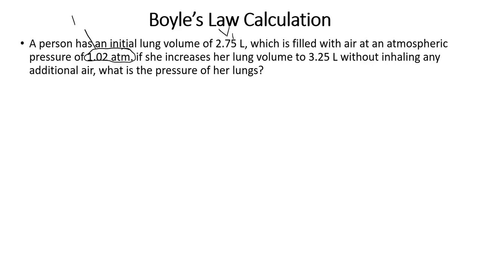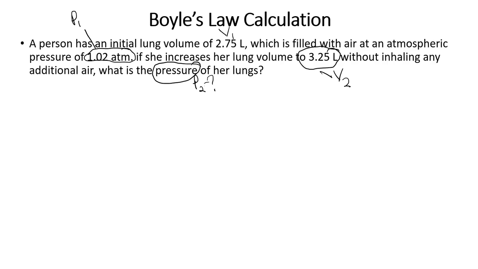So this one is our pressure 1. If she increases her lung volume to 3.25 liters, now this is our V2. Without inhaling any additional air, what is the pressure of her lungs? So this one is our P2.